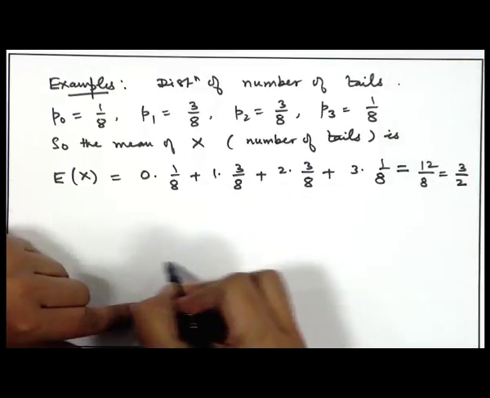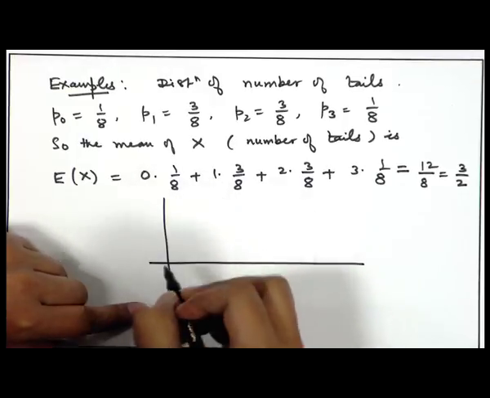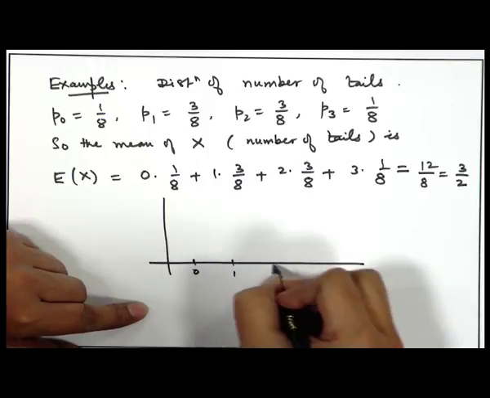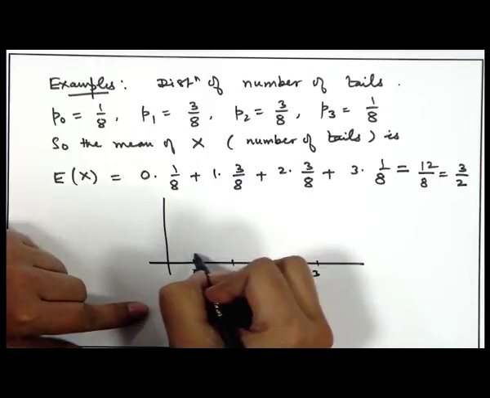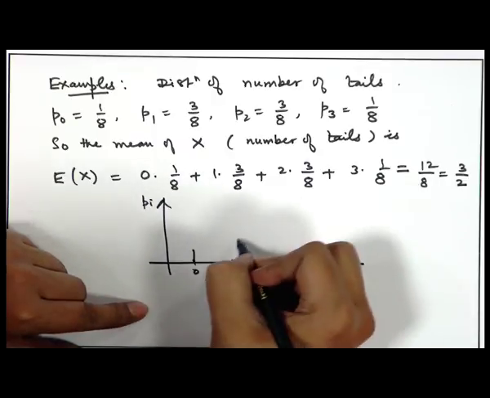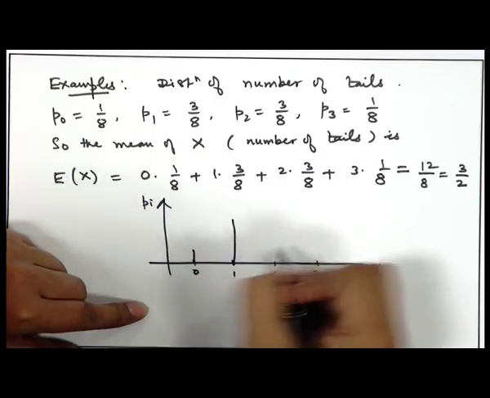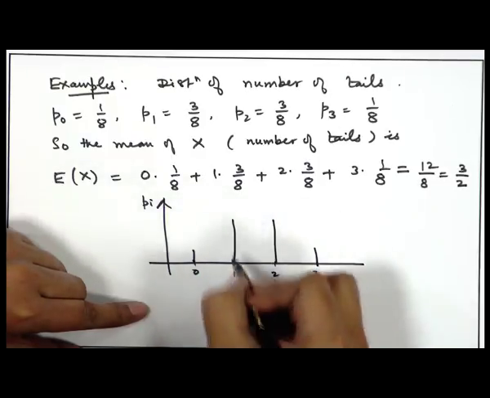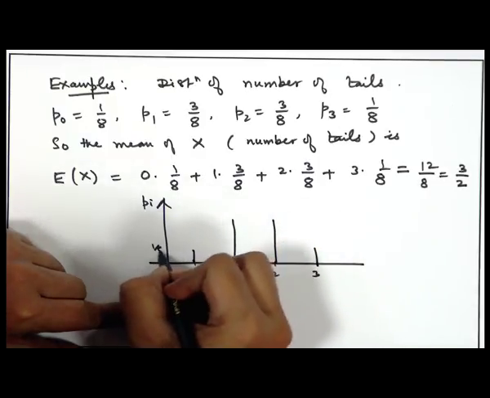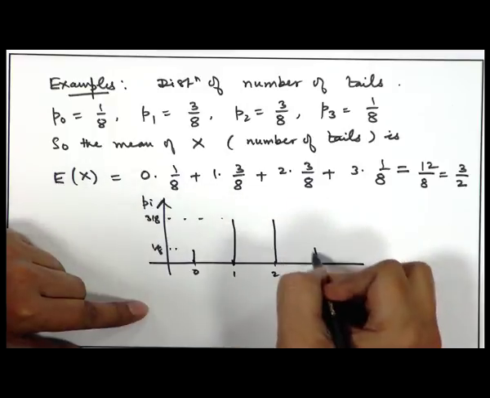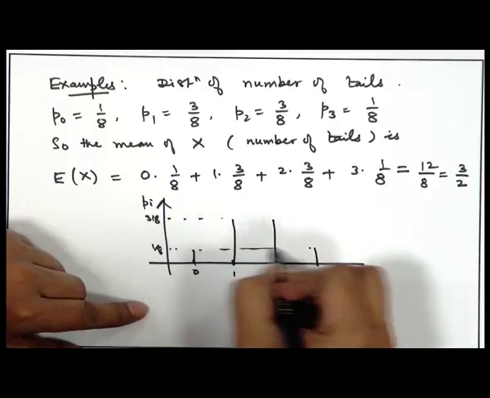Actually, you can see here, if I consider the plotting here. So, suppose I put a 0 here, 1 here, 2 here and 3 here, then on this side we are putting pi. So, this is 1 by 8, this is 3 by 8, this is 3 by 8 and this is again 1 by 8.